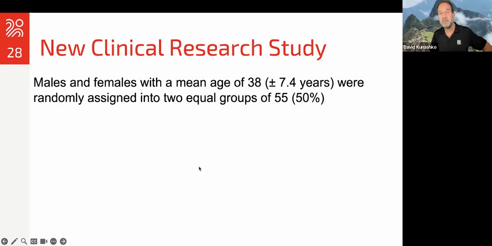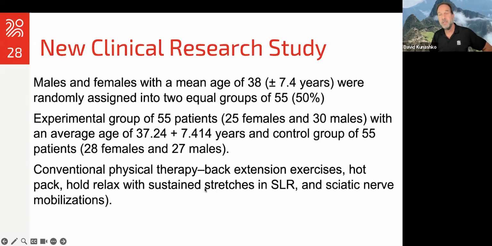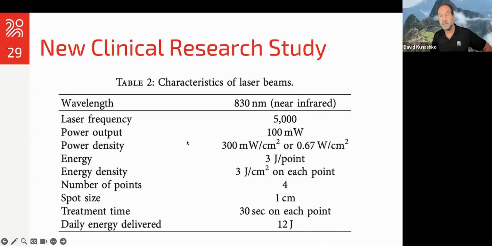Males and females, with a mean age of 38. They were randomly assigned into the 2 groups. The experimental group had 25 females and 30 males, you can see here, and then the control group. The conventional physical therapy was the McKenzie exercises, hot pack, and hold, relax, and sustain stretches, those kinds of things.